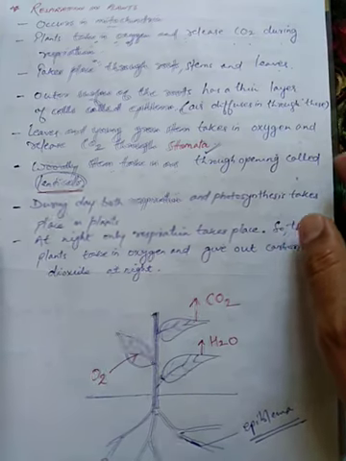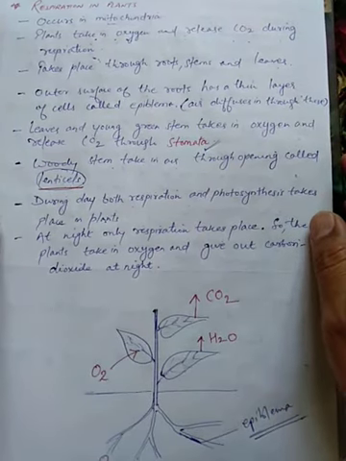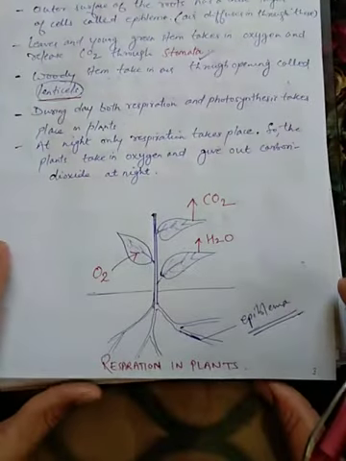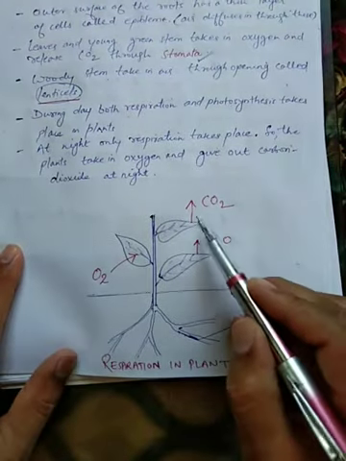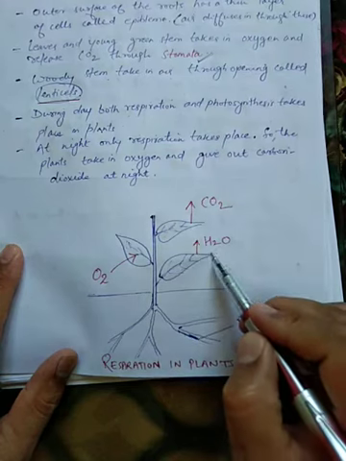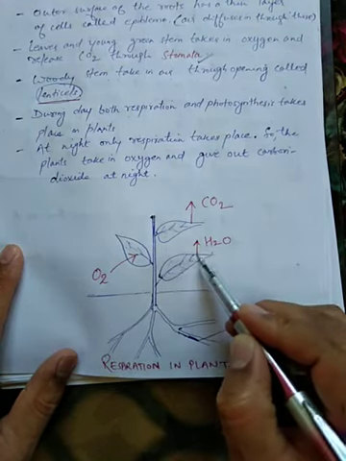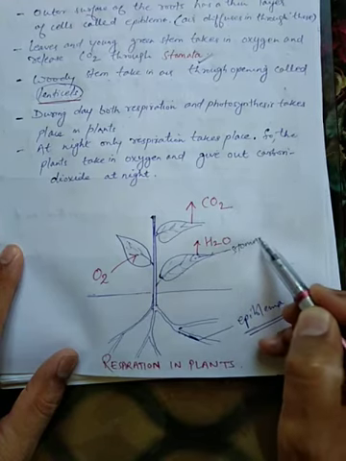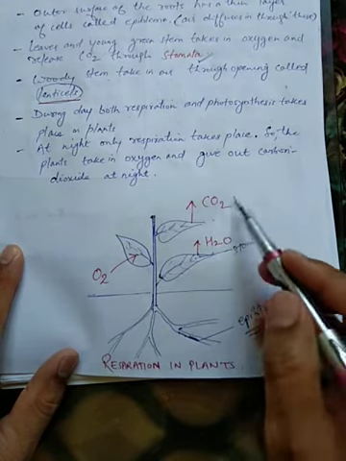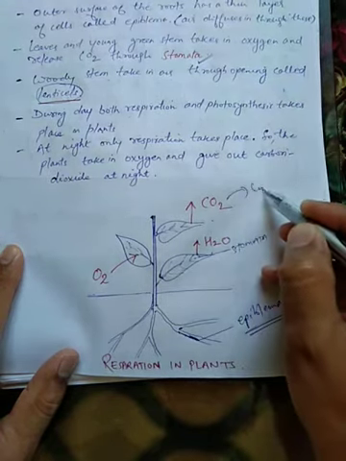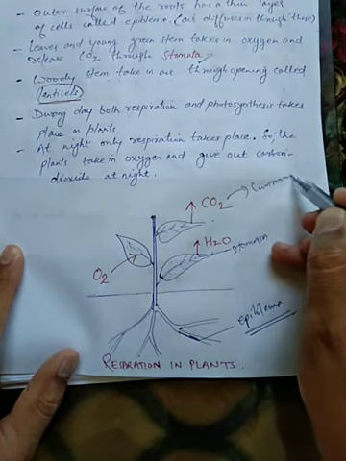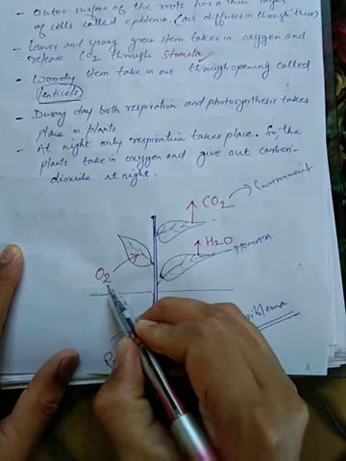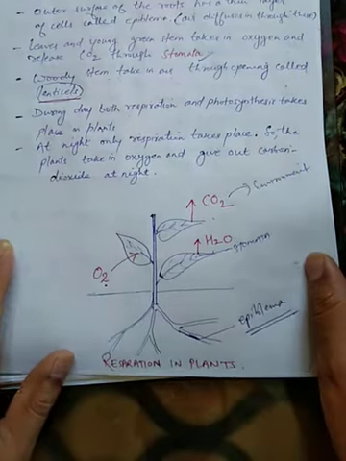Why? Because light is not there, but the process of respiration takes place. Now you can see here, this carbon dioxide and water is being released through pores which are known as stomata into the environment, and this oxygen is taken in by the plants.